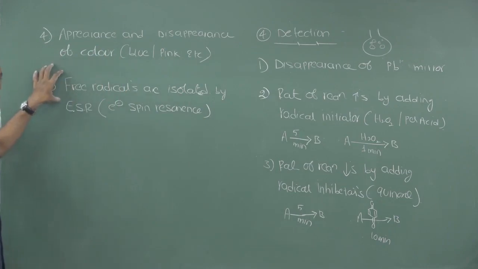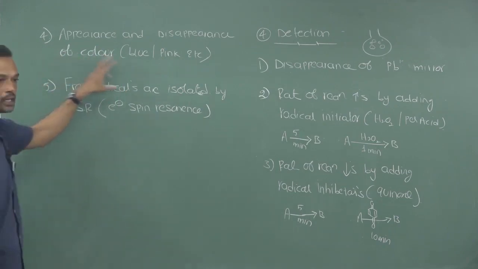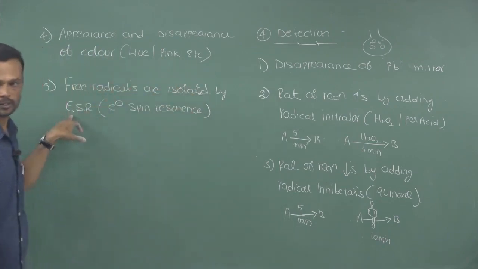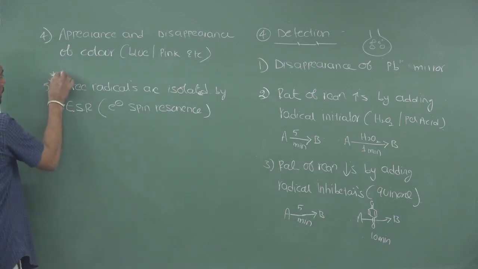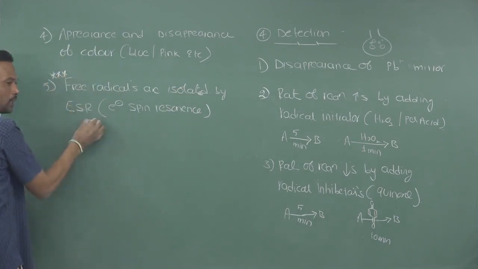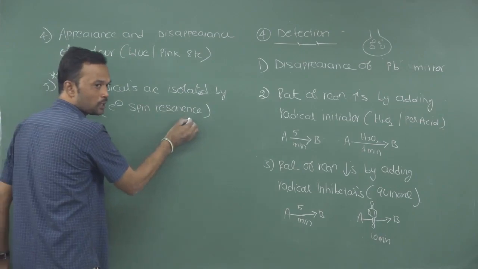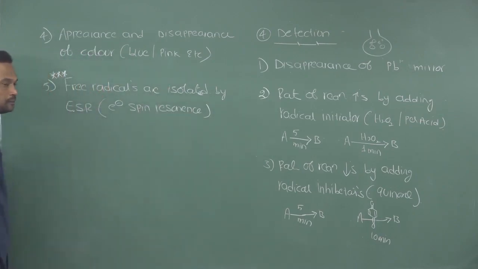Finally, the spectroscopy used to identify free radicals is ESR. Remember, this is an important point. Free radicals are isolated or identified by electron spin resonance spectra. A separate spectroscopy is there. Radical spectra are nothing but electronic spectra.